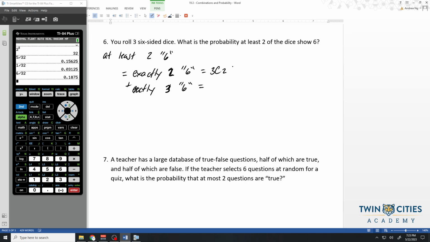The third dice could be a 1, it could be a 2, it could be a 3, 4, or a 5. The only thing it can't be is another 6, because if it were another 6, then I'd be in this territory, exactly 3 6s. So it could be 5 different things. I'm going to take this and multiply by 5.